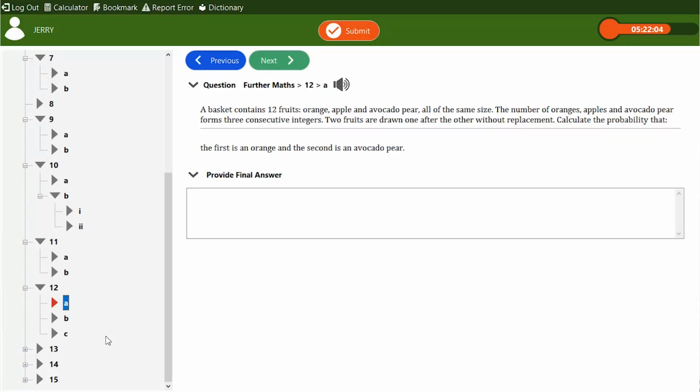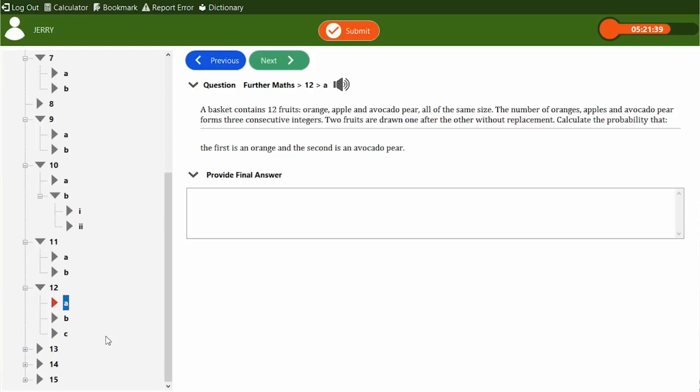The numbers of oranges, apples, and avocado pears form 3 consecutive integers. 2 fruits are drawn one after the other without replacement. Calculate the probability that the first is an orange and the second is an avocado pear.